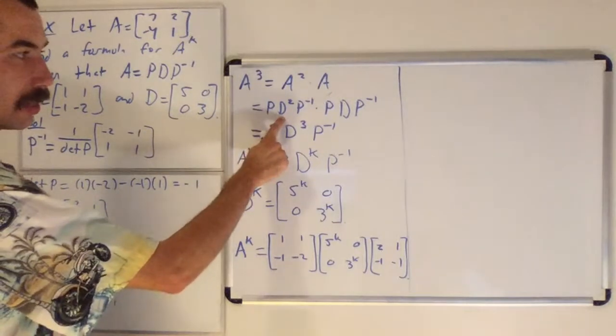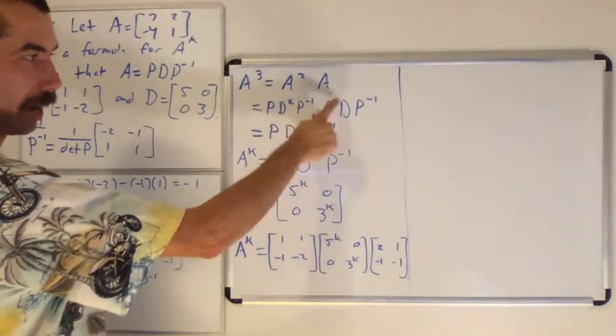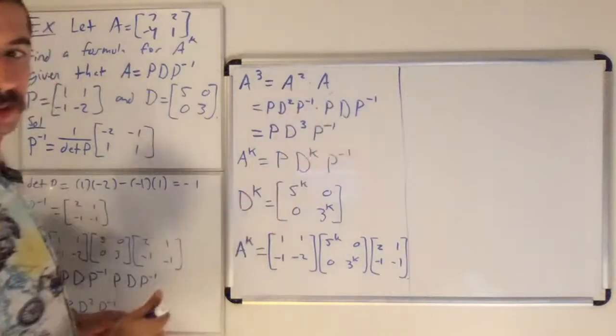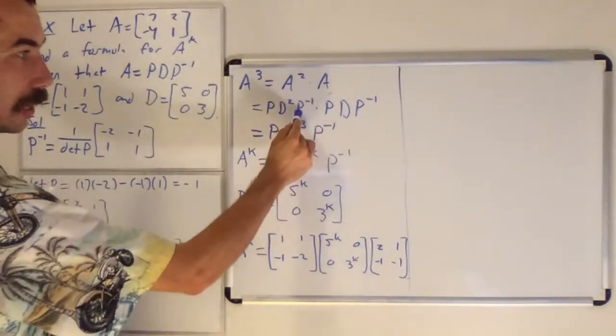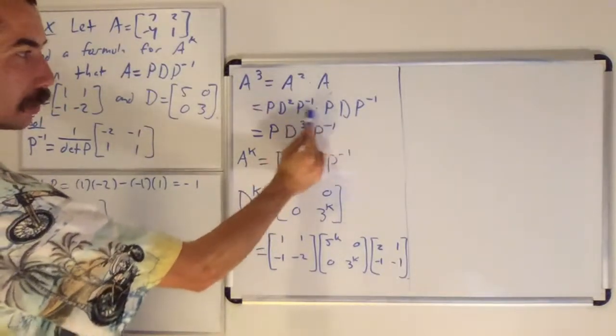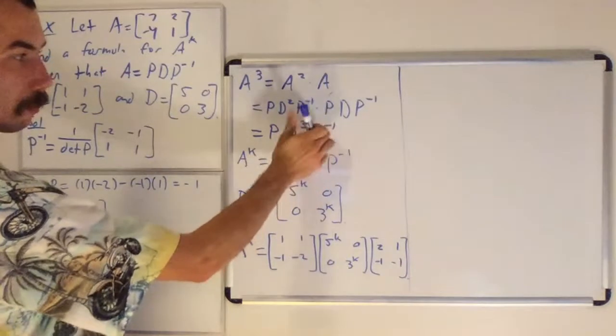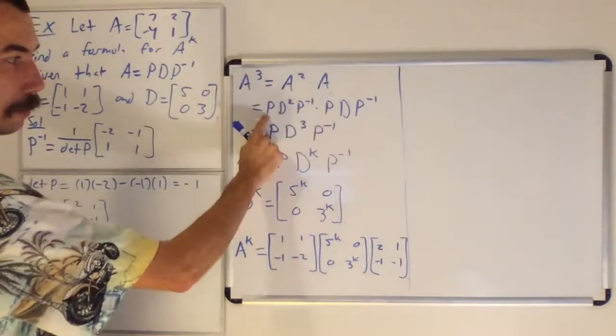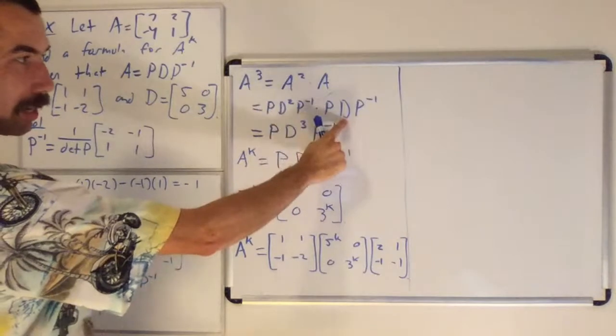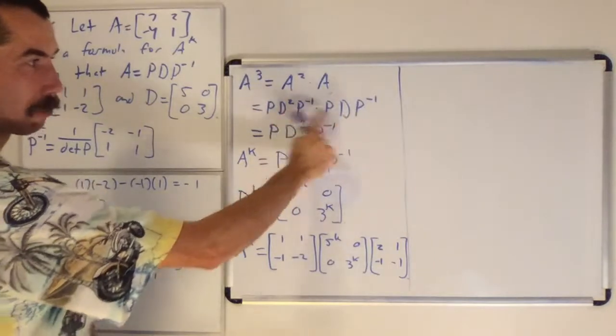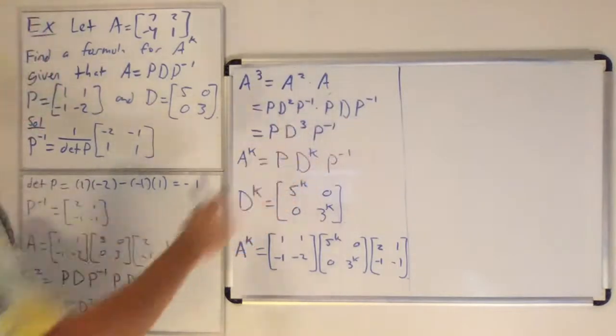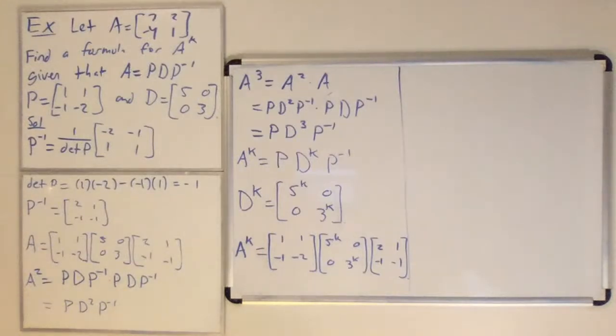So P D squared P inverse times A, which is P D P inverse. P inverse times P is the identity matrix, so we don't have to include this anymore. So it's really P times D squared times D times P inverse. D squared times D is D to the third.